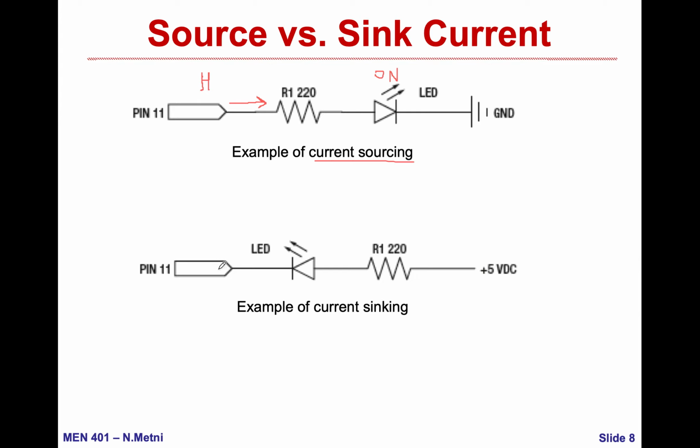In the other case, I connect the pin to the LED this way, to a resistance, and to plus 5. So if the pin is high, the LED is off, because there will be no current passing from here to here. If the pin is low, the LED will be on and the current will be sinking. In the two cases, the limit of I is 40 milliamp. So it's really small. This is why it's important to understand how the connections of the microcontroller pins should be made.